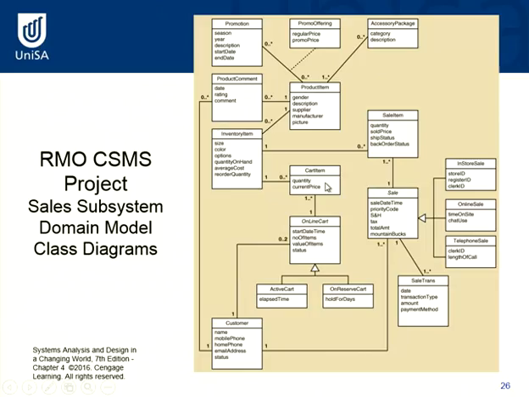This one is the abstract class because it's in italics. So is online cart, an abstract class. And sale is also a superclass because it has a number of subclasses.